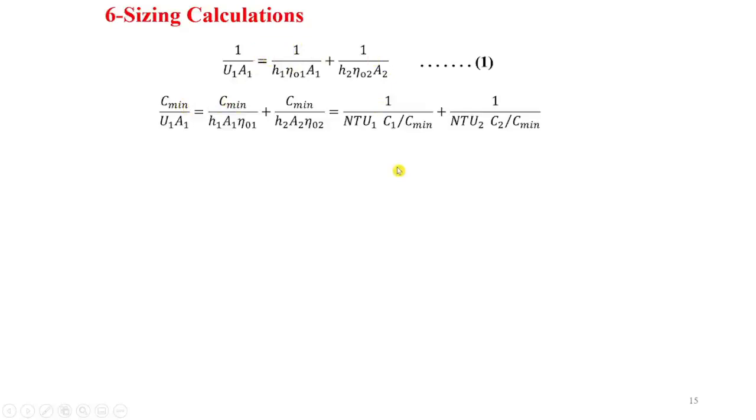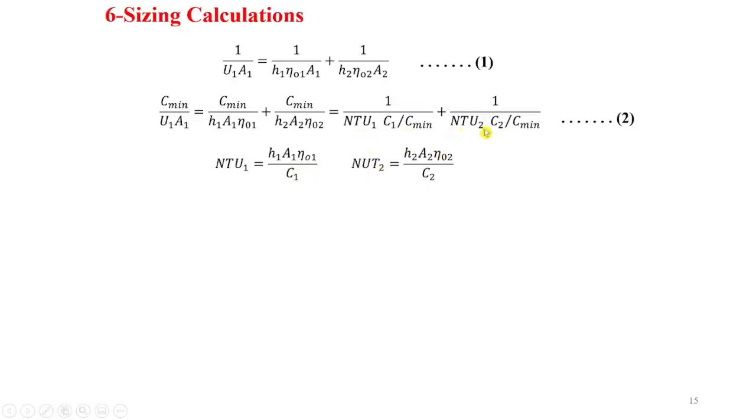We are going to assume the NTU1 and NTU2 expressions as follows. NTU1 is the heat transfer coefficient for side 1 multiplied by the area multiplied by the overall surface efficiency divided by C1, and the same thing for NTU2.